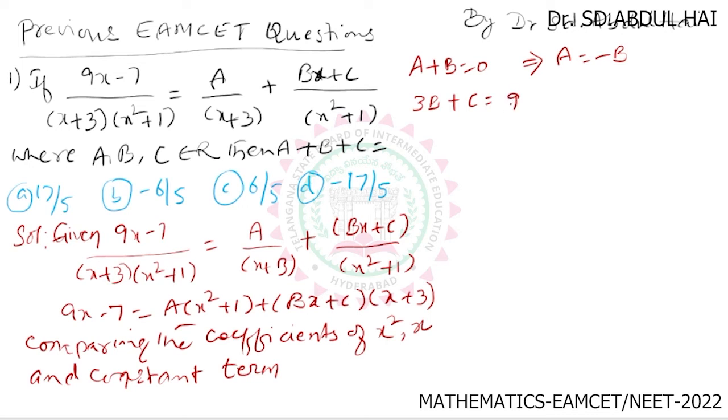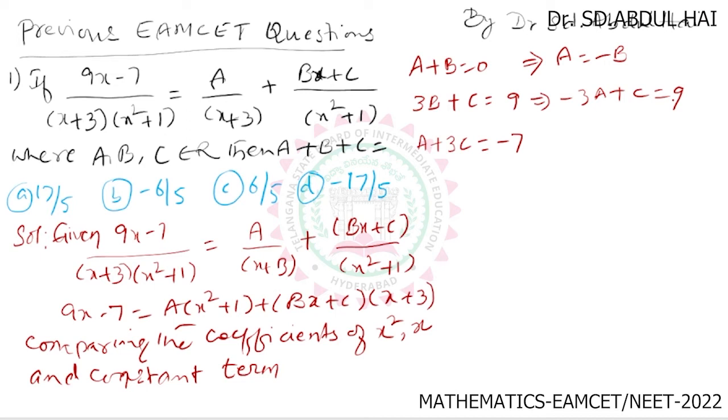Now the constant term is nothing but a plus 3c is equal to minus 7, right? If I solve the second and third equations, a is equal to minus b, so if I substitute, 3b plus c becomes minus 3a plus c is equal to 9, because the third equation is also in terms of a and c.